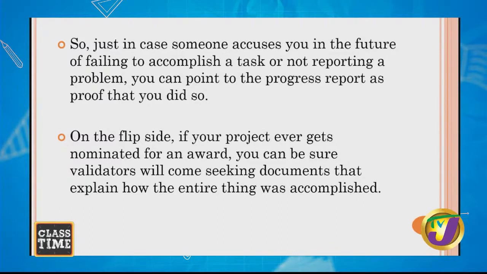On the flip side, if your project ever gets nominated for an award, you can be sure validators will come seeking documents that explain how the entire thing was accomplished. Proof, right? So all of this is very important.